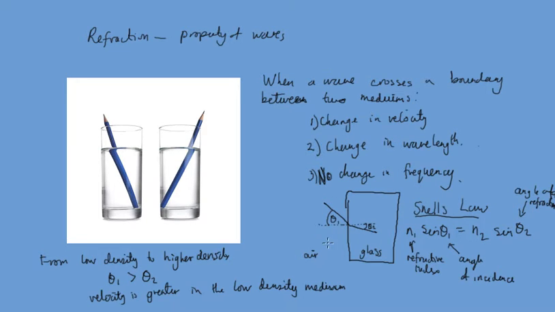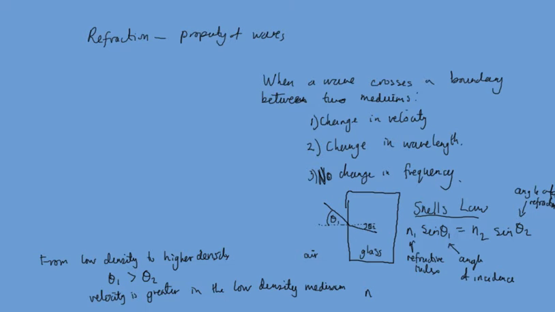So how do we define N? N, the refractive index, is a ratio of the velocities.